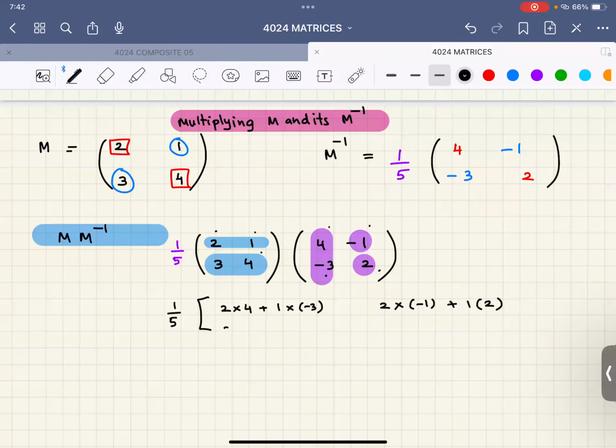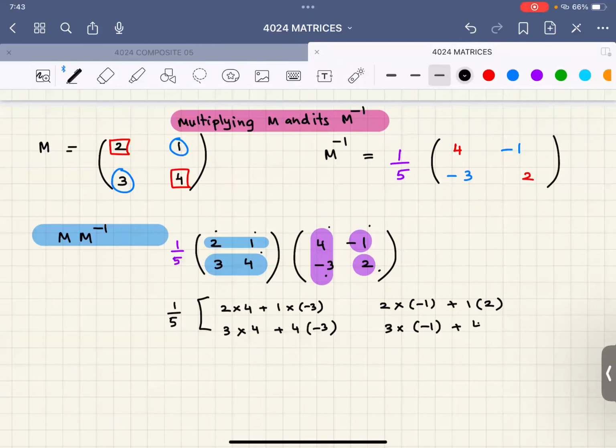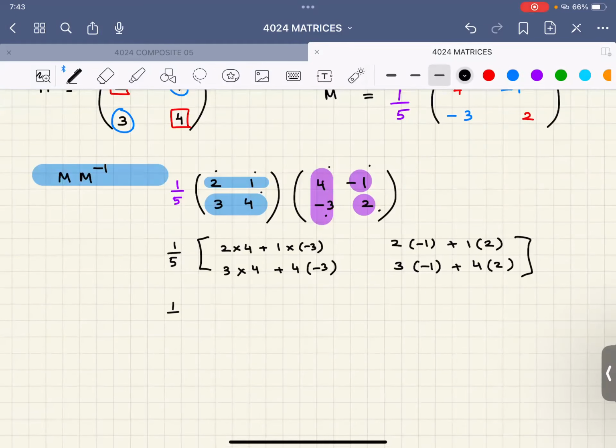And then again, this 3 with this -1, this 4 with this 2. Now I can use a multiplication sign, or I can just write 2 and 3 like this. It doesn't make a difference. It's your choice. Now let's simplify. 1/5 is on the outside.